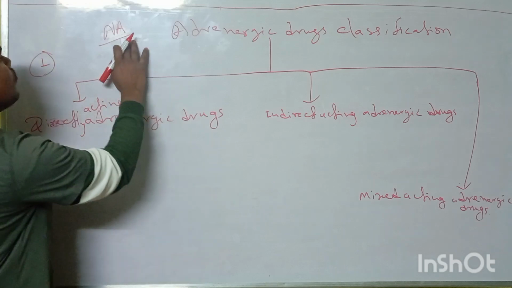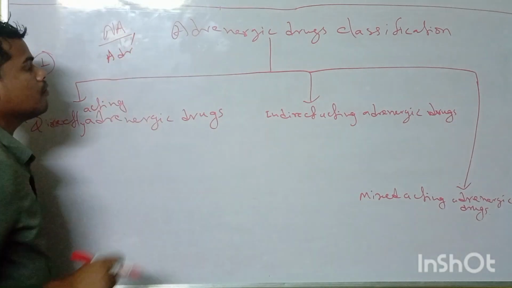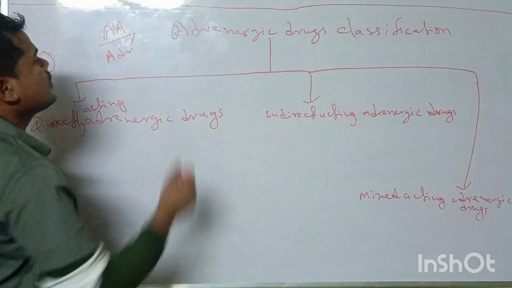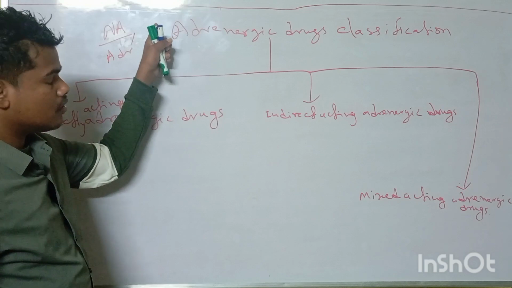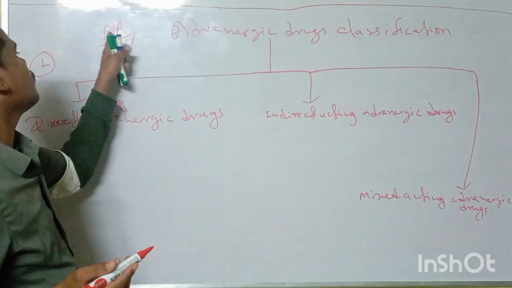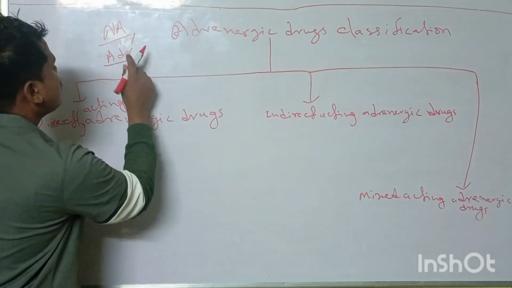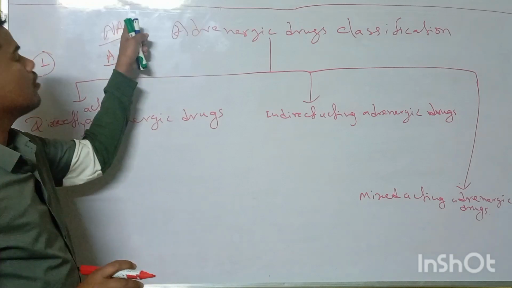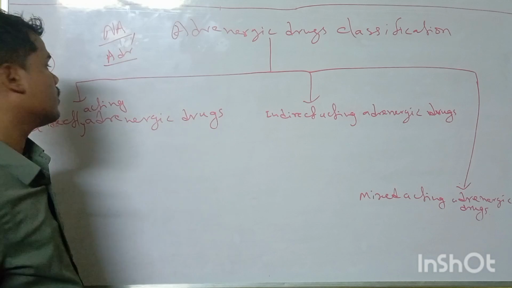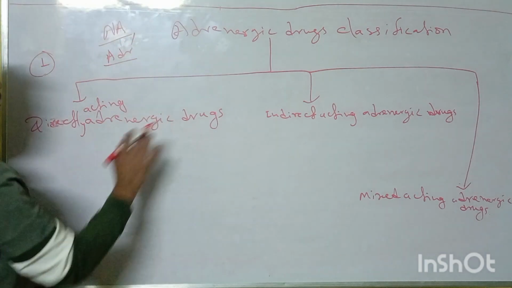So we also include adrenaline here. If an examiner asks for the postganglionic sympathetic fiber neurotransmitter, your answer will be noradrenaline, but adrenaline does the same action, and we will see some differences in another lecture.